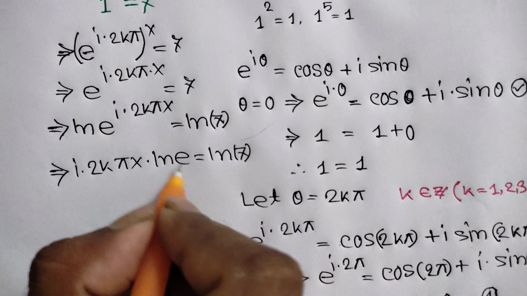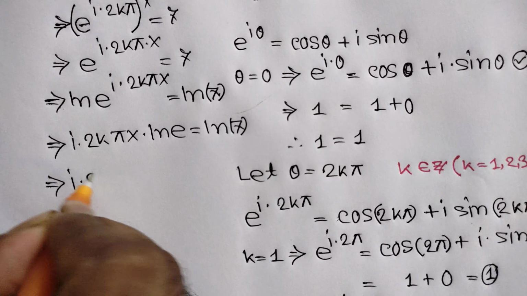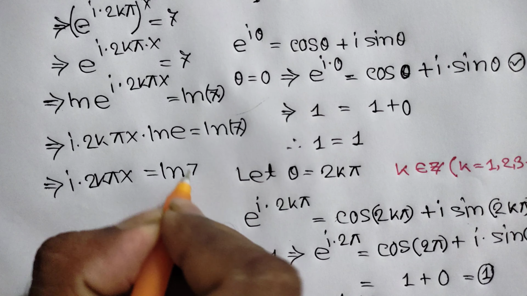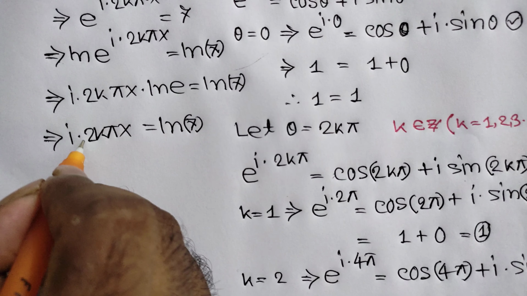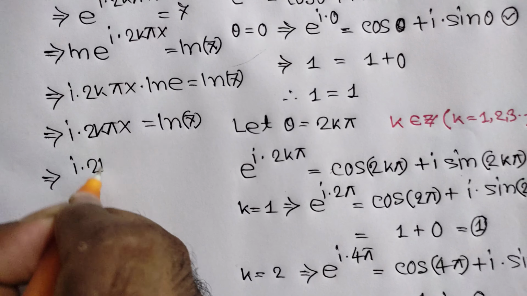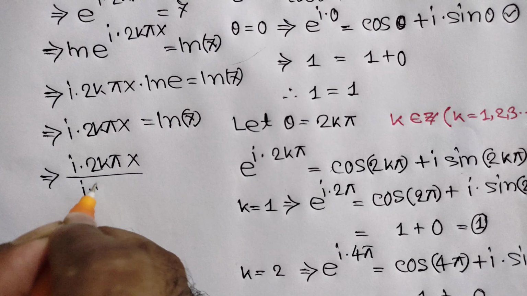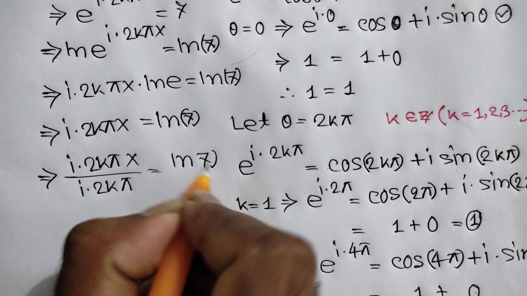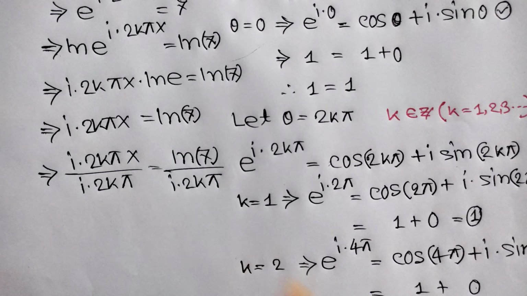Now we know that ln of e is equal to 1, so here we will get i times 2k pi x is equal to ln of 7. Now dividing both sides by i times 2k pi, we can write here i times 2k pi times x over i times 2k pi is equal to ln of 7 over i times 2k pi.